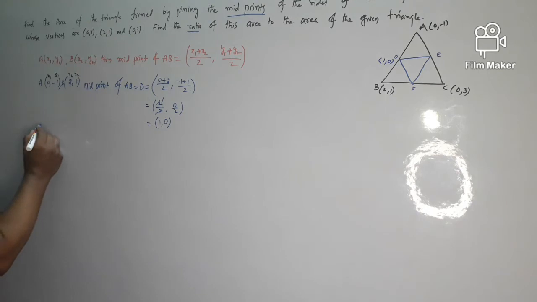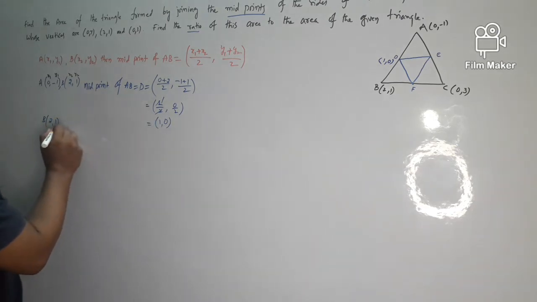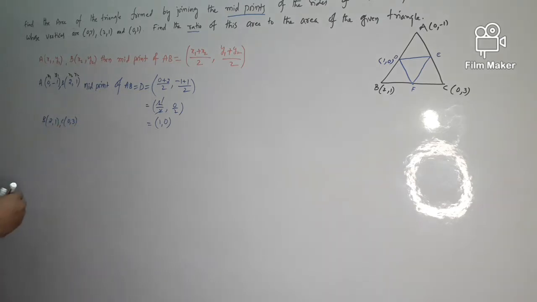Now find the midpoint of BC. B is (2, 1), C is (0, 3).